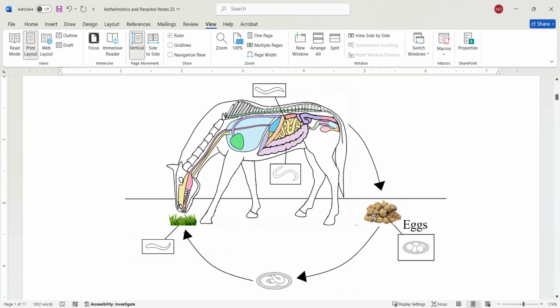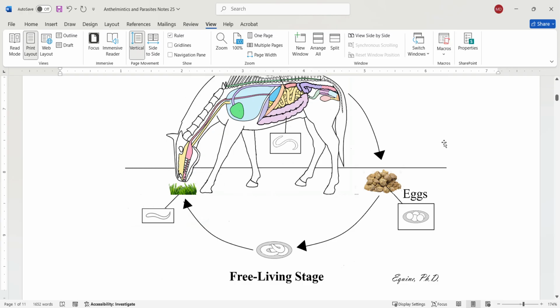It's not like all parasites are eggs and then larvae and then infective. You'll have some within the horse, some outside the horse, which is why we can't just rid the horse of all parasites. They're always there. They're always in the environment, and our horses are constantly going to be exposed to them. Okay, so this is the overview of what we have with our equine parasites.